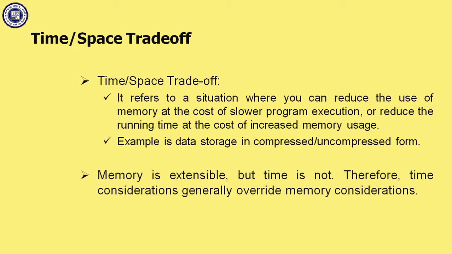It refers to a situation where you can reduce the use of memory at the cost of slower program execution, or reduce the runtime at the cost of increased memory usage. This means we can give priority either to time or to space, whichever suits our algorithm.